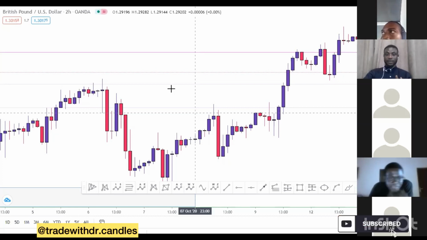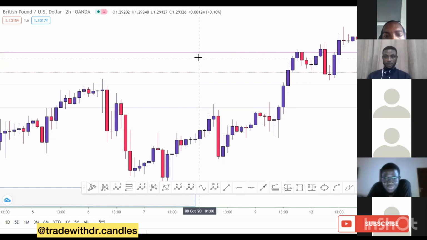This thing has been working. And it is not consistent. It is not that it will happen each and every time. It doesn't have any proper risk-reward ratio. The day it will hit you hard. So it's better you play safe. I hope you understand. My advice is you always try it on demo to see how it works. Test it to see if it's working for you, then you can go ahead.